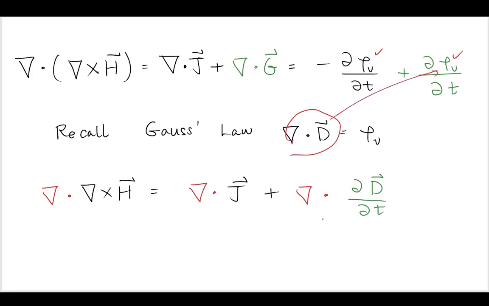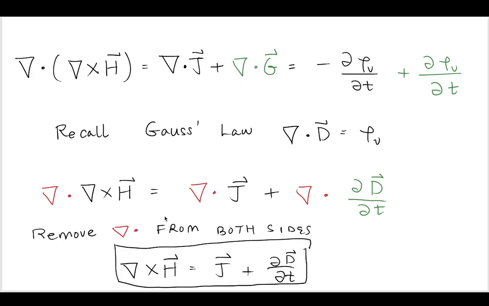Now we have an equation where we have the divergence of all of our terms. Noticing that, we can remove the divergence from both sides, and that leaves us with this time-varying version of Ampere's law. And so that means that this G term is related to the electric flux density. So these are two approaches for understanding the displacement current and why it must exist.